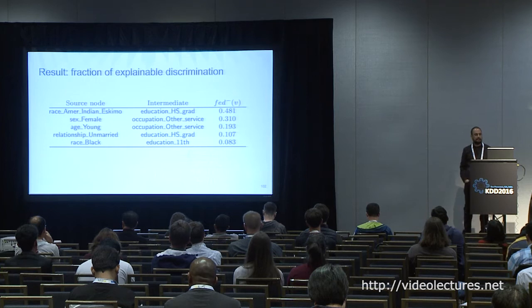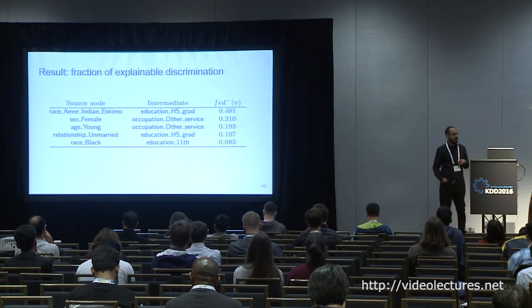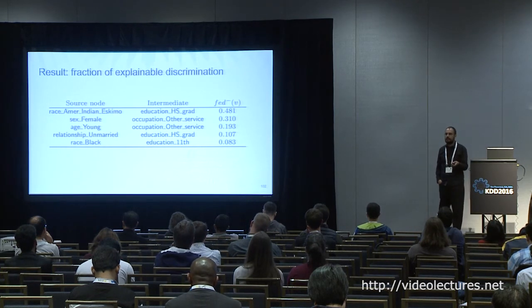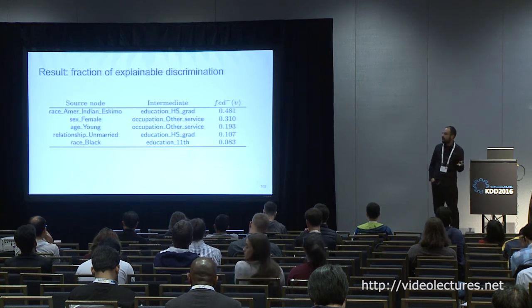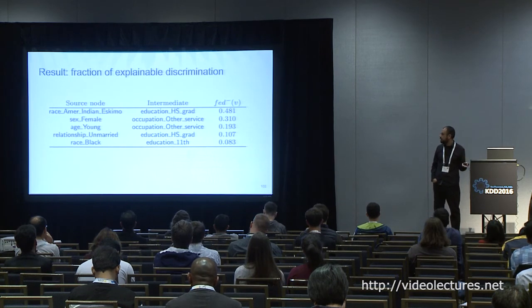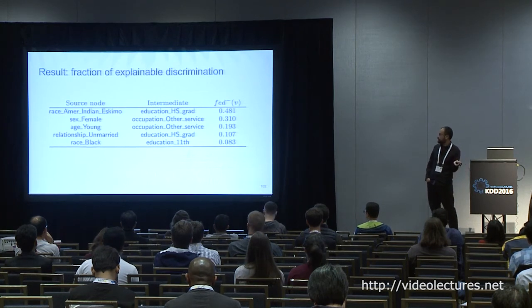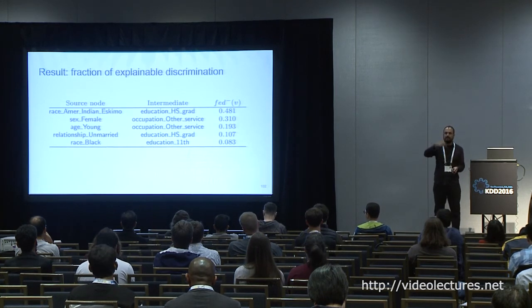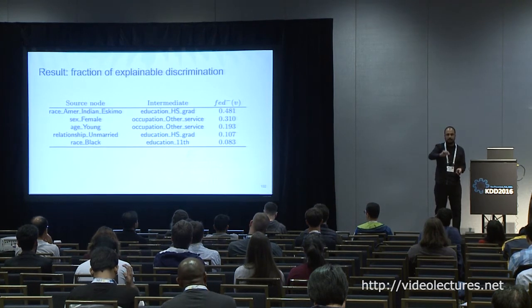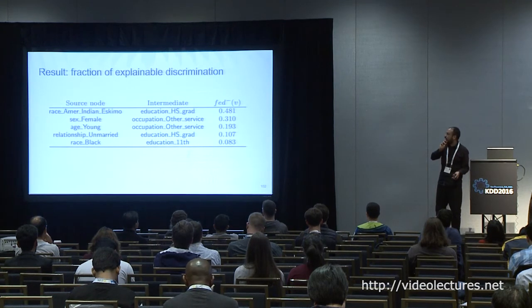And in this case, for instance, you find that in the census income data set, people who are of original American origin, it's called not American Indian, it's called Aboriginal or Eskimo, end up having low income. You see that in many cases, these can be traced back to some intermediate state, which is not having a high school education, right? So in this case, you are giving something back.